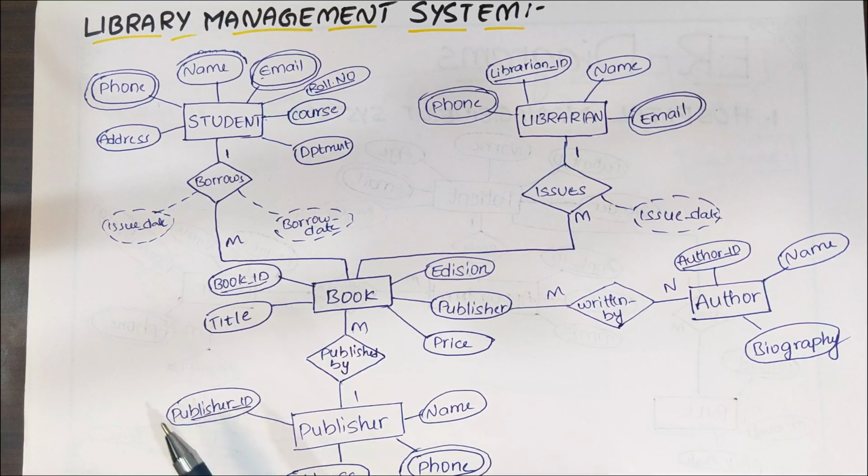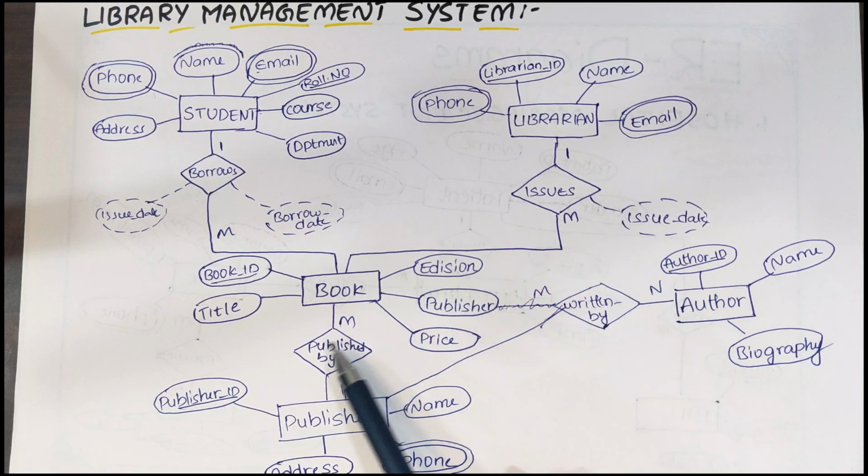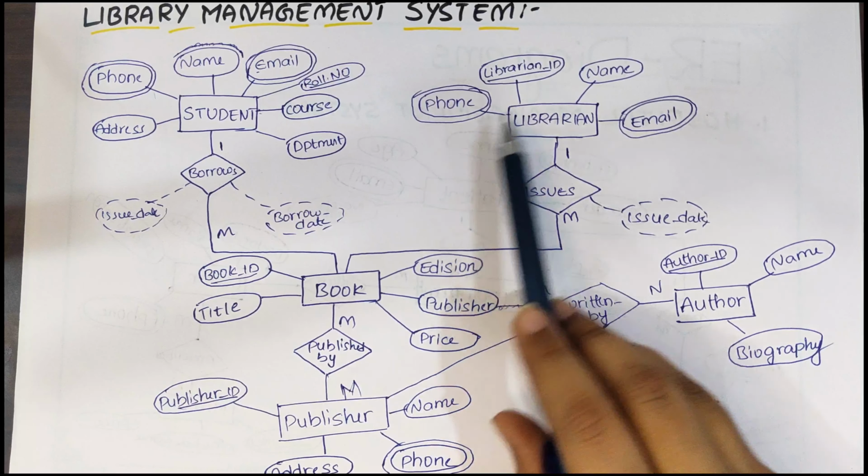And here the published book was written by some author, right? So there is an information like many publishers can have many authors, like which was written by many authors. When it is related to the author, author ID, name and biography of that author will be represented as information related to author, and that book will be issued by a librarian.